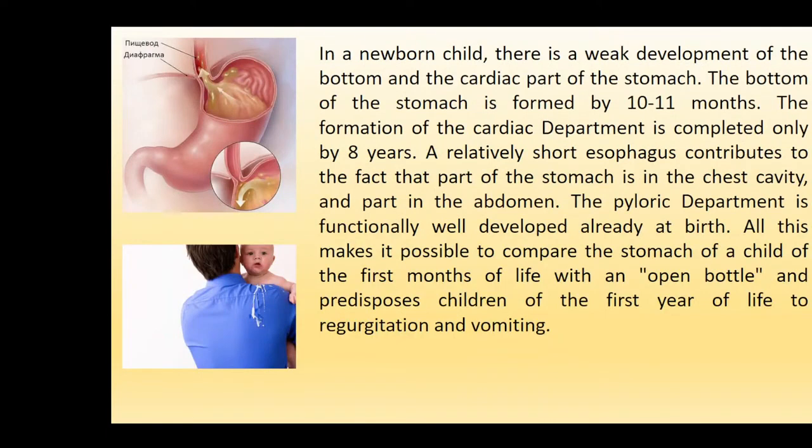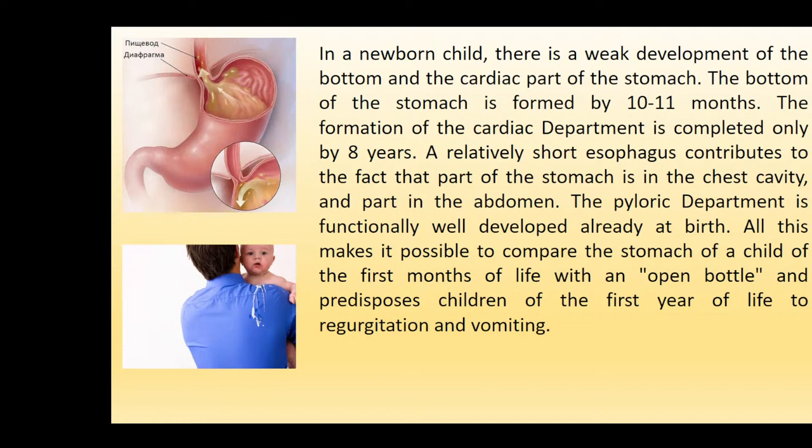In newborn child, there is a weak development of bottom and cardiac part of stomach. The bottom of the stomach is formed by 10-11 months. The formation of cardiac part is completed only by 8 years old. A relatively short esophagus contributes to the fact that part of the stomach is in the chest cavity and part in the abdomen.